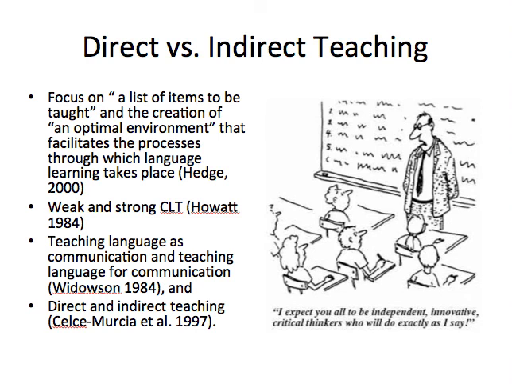One way of looking at the kind of dichotomy that Littlewood describes between process-oriented pedagogy and outcomes-based education is a distinction between direct and indirect teaching.